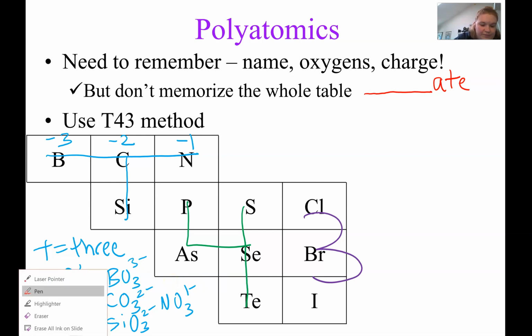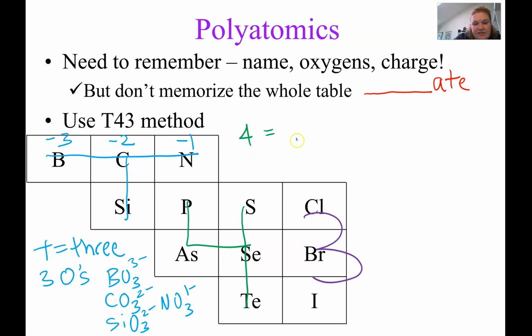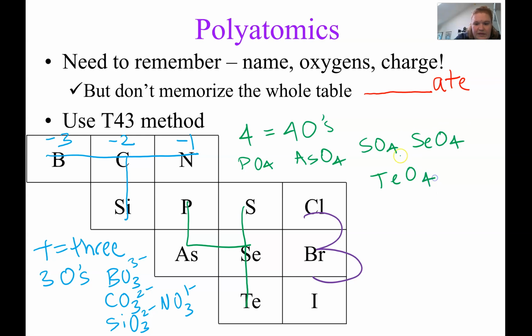The 4 tells us that these all have 4 oxygens. And again, for the charge, we're going to restart -3, -2, and I'm going to fill in my last charge, -1. So we're going to do 3, 2, 1, 3, 2, 1.